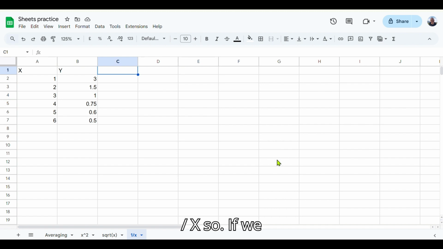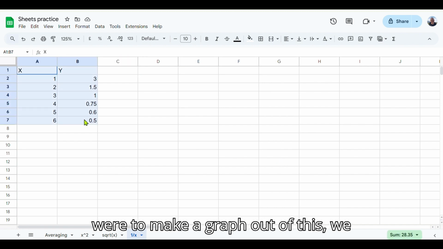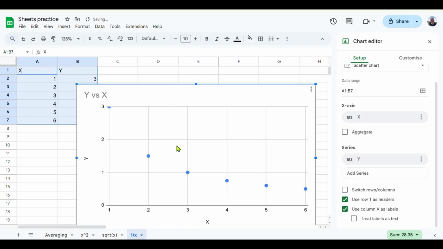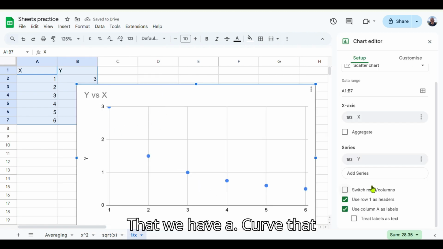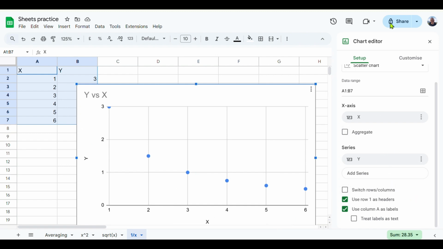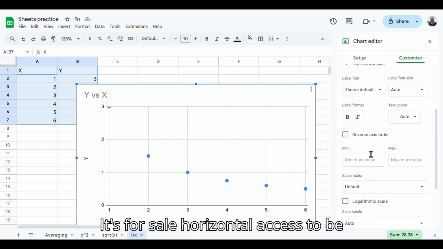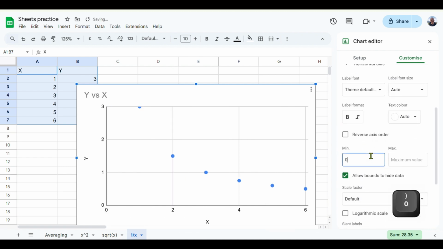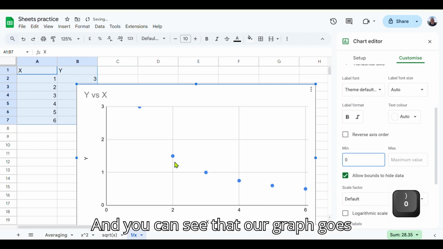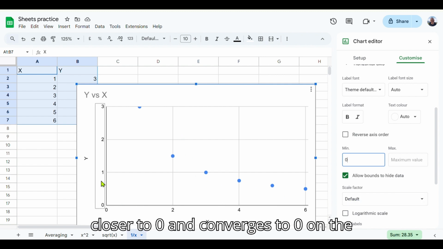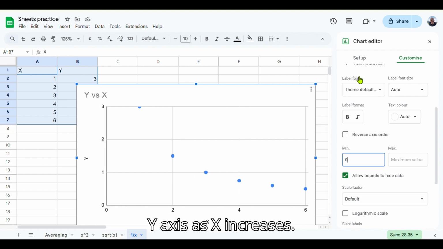So if we were to make a graph out of this, we would see that we have a curve that goes like this. Let's force our horizontal axis to be starting at 0, and you can see that our graph goes upwards as x gets closer to 0, and converges to 0 on the y-axis as x increases.